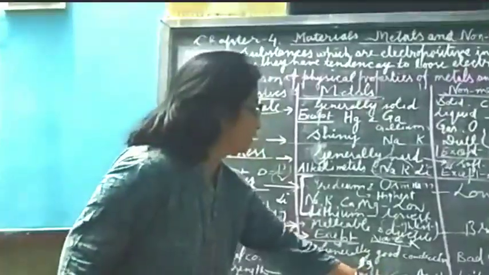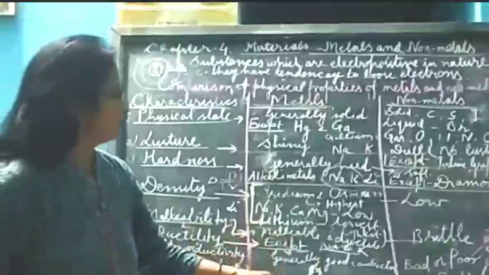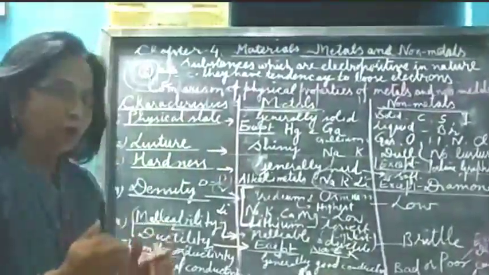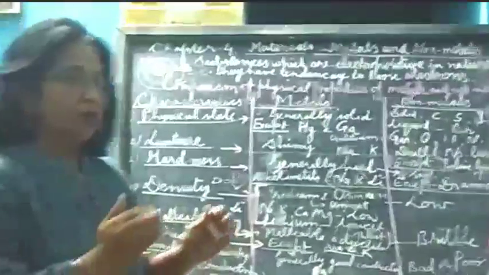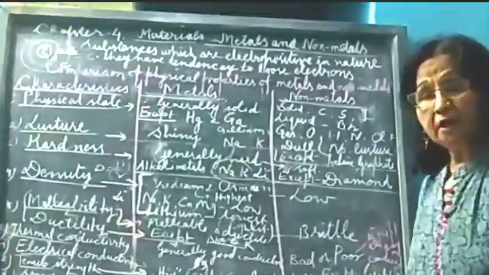They have a low melting point. Whereas non-metals have low melting and boiling points. Again, exceptions are there: graphite and diamond, their melting and boiling points are high.